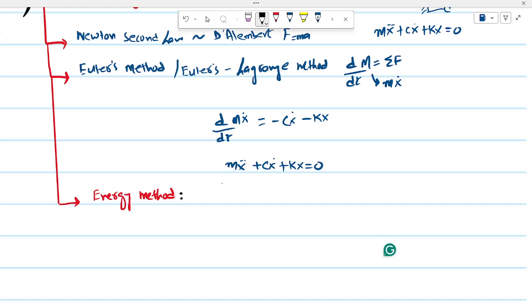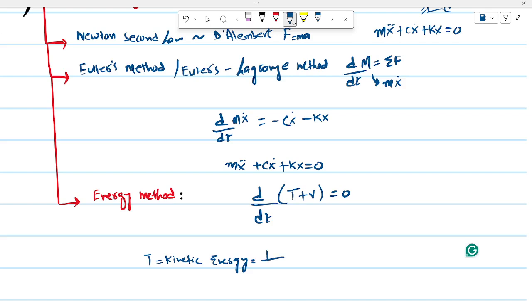So it says that the rate of change of kinetic energy plus potential energy, which is the total energy of a system, is equal to 0. Here T is the kinetic energy, which, as we discussed in the last lecture, corresponds to the mass of the system and equals half m x dot squared.